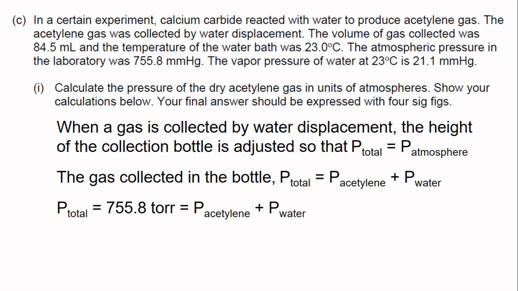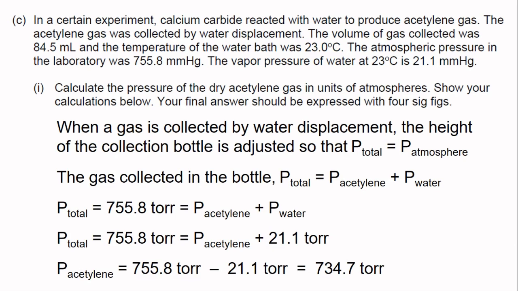We know that 755.8 is the pressure of the atmosphere in the laboratory, and that at the temperature of 23 degrees Celsius, the pressure of water is 21.1. All we have to do is subtract. The pressure of the acetylene is 734.7 torr.